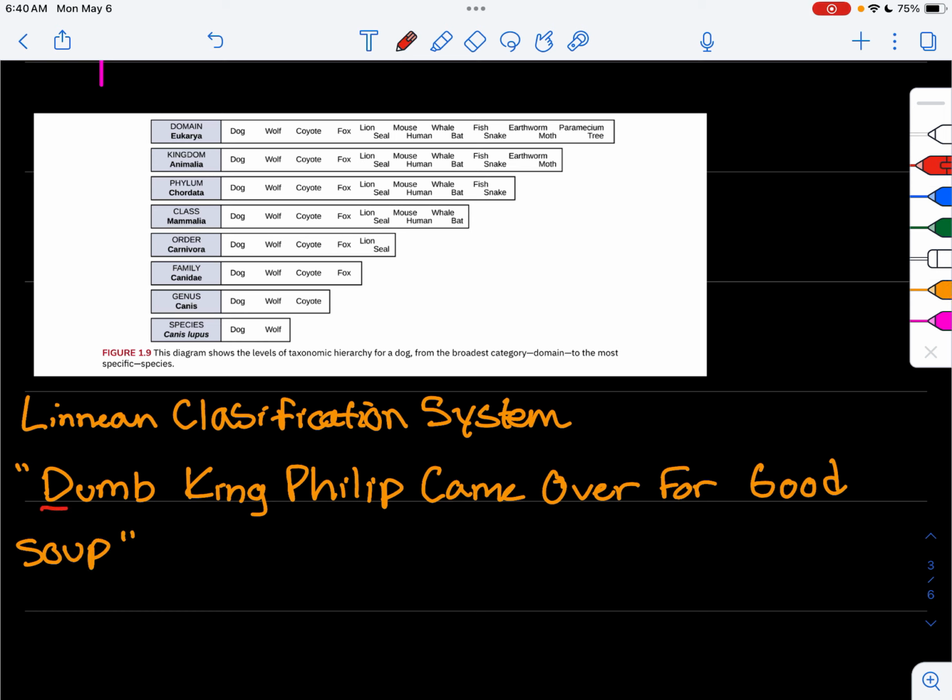Dumb, D, King, K, Philip, P, came, C, over, O, for, F, good, G, soup. Domain, kingdom, phylum, class, order, family, genus, species. And this is the Linnaean classification system.